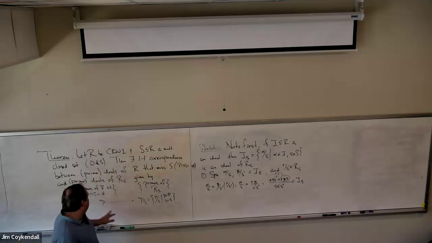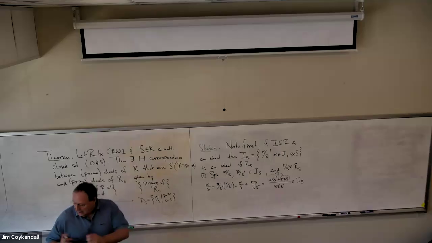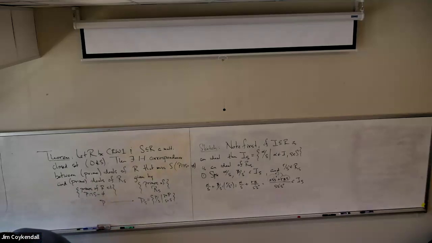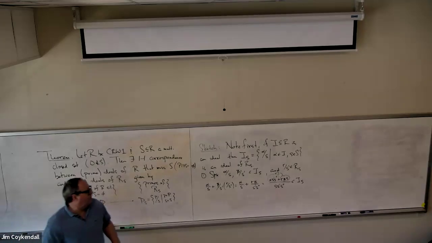So in this correspondence here, this P localized at S is indeed an ideal. And so we're going to observe now that P localized at S is prime if and only if P is prime.